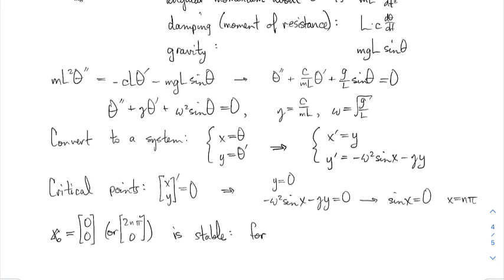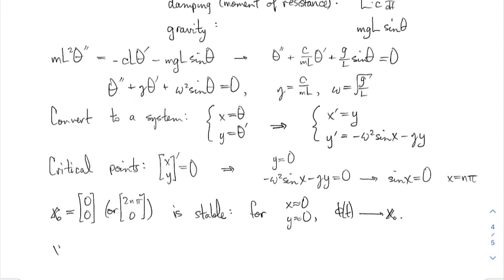So for x sufficiently close to 0 and y sufficiently close to 0, we'll have phi t tending to x naught. And so it's not only stable, but it's also asymptotically stable.